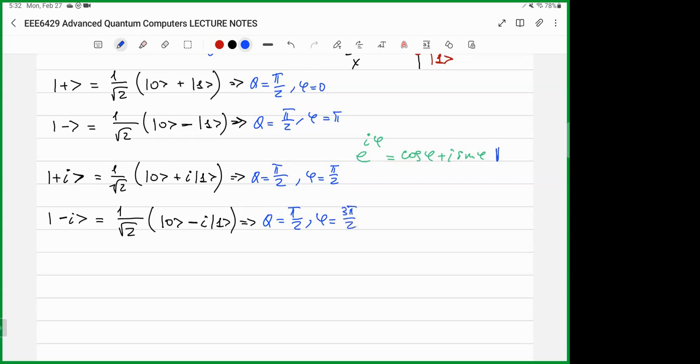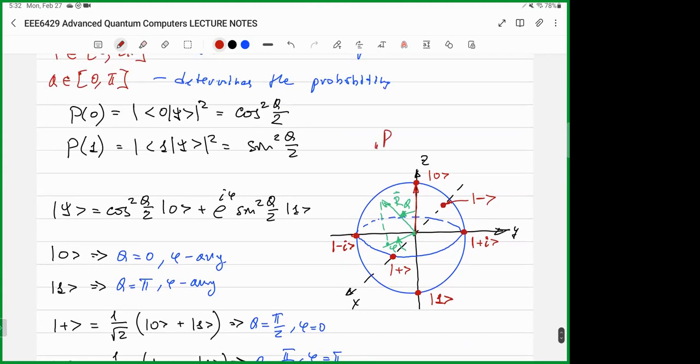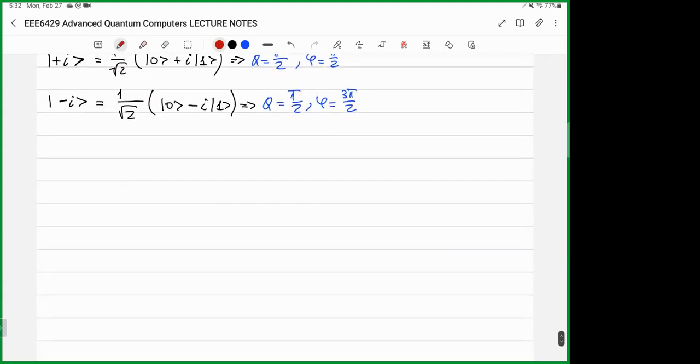Right, so sine of 3 pi over 2 gives me minus i. So this state is located here. So this is state minus i on this Bloch sphere. Very good.